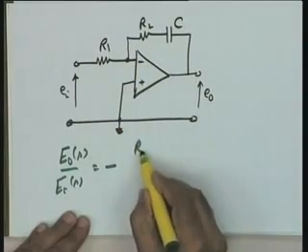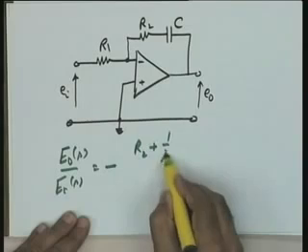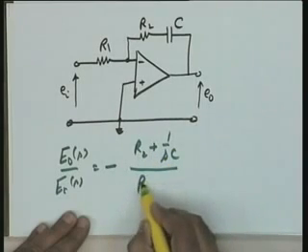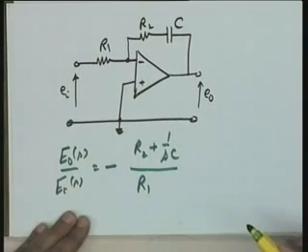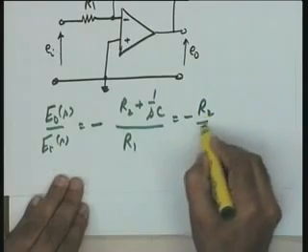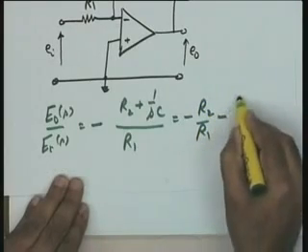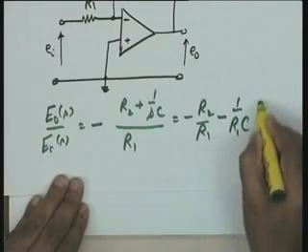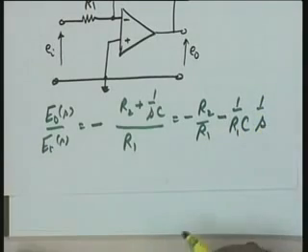This is, as you see, R2 plus 1 over SC divided by R1. This becomes the gain of the transfer function of this particular circuit. Now, help me please, what is this equation? This equation, as you see, is equal to minus R2 by R1 minus 1 over R1C 1 over S.